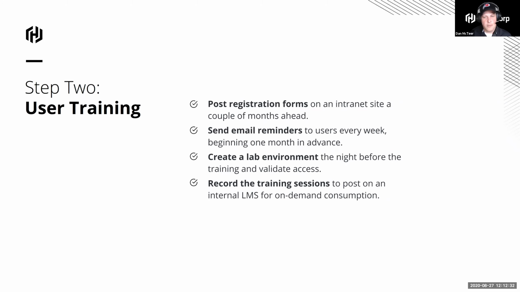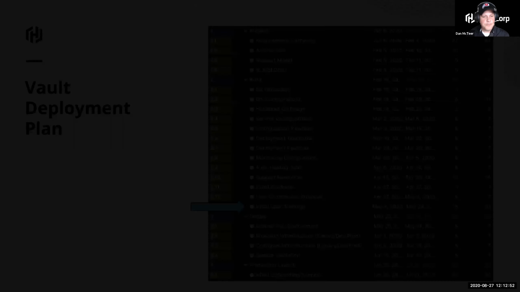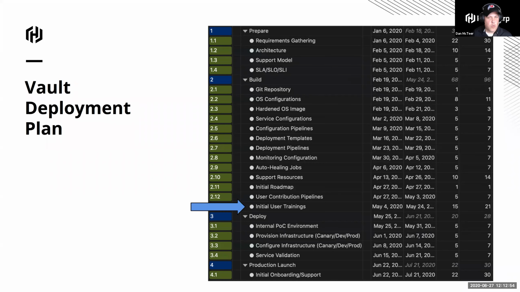So we would post those registration forms online just a couple months ahead, and then we would start sending out reminder emails, sometimes just a couple weeks apart up until that time. And then we would create a lab environment the night before, and we would record those training sessions, but we'd get those users some good hands-on training with interacting with Vault. And that usually came right before we were ready to deploy our stage environment, our POC type environment for people to start messing around with.